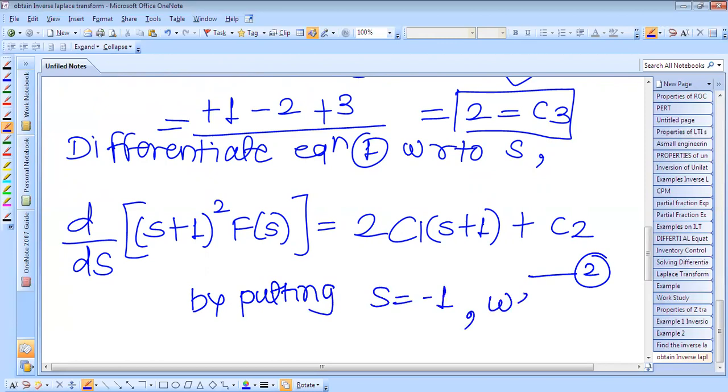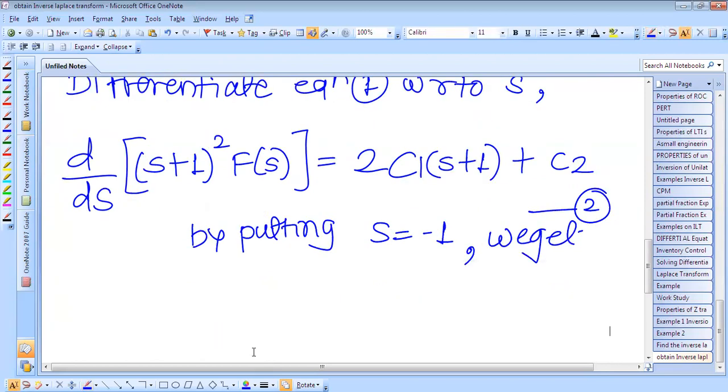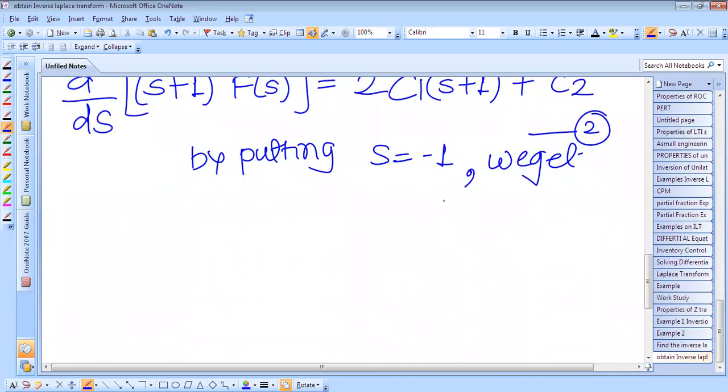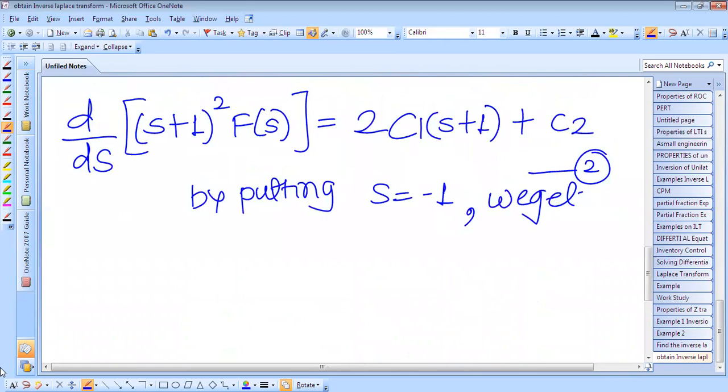The c1 term will become 0, and we get the value of c2, since c3 we have already got as 2.